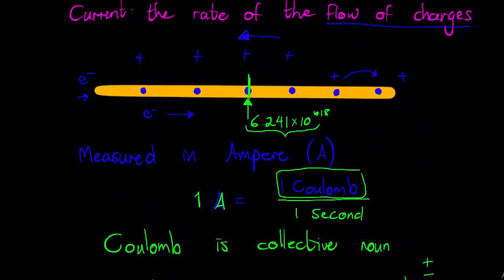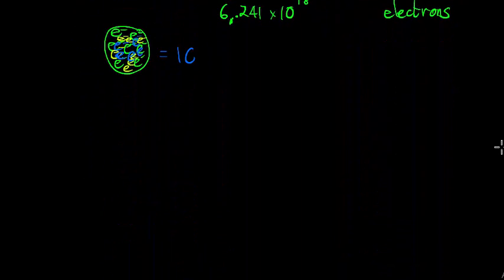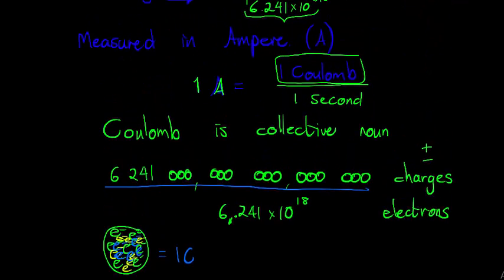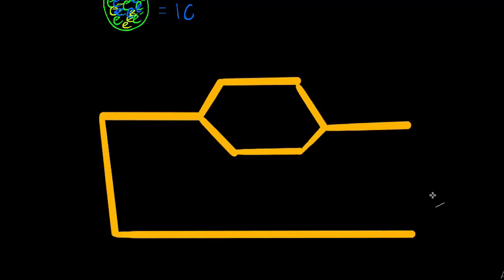I don't want to say much more, but I think what is very helpful now is to just discuss what it will mean if my circuit breaks into two branches. So let me illustrate it.